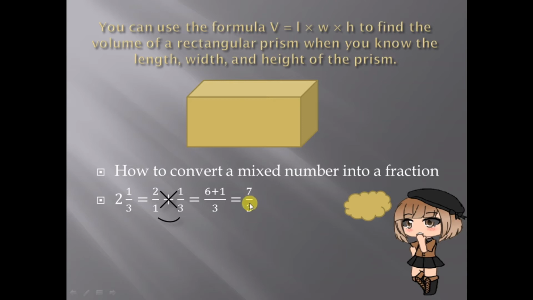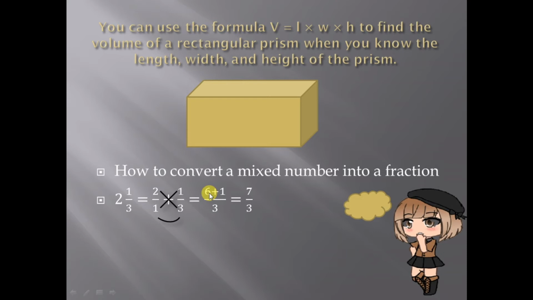So let's review it again. What is the denominator? Find the denominator first. Multiply the two denominators together. 1 times 3 is equal to 3. Then, what is the numerator? Find the numerator by multiplying crisscross, heads and tails. Multiply 2 with 3. 2 times 3 is equal to 6.